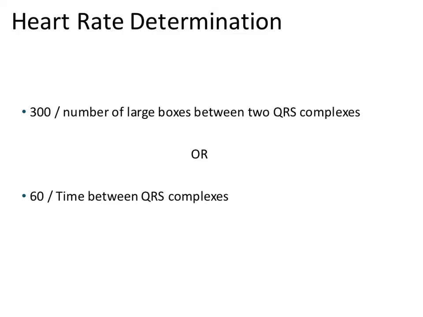You can look at somebody's ECG tracing and determine their heart rate. Two shortcuts we use are 300 divided by the number of large boxes between two QRS complexes, or you can do 60 divided by the time between QRS complexes. I'll show you a couple of examples.